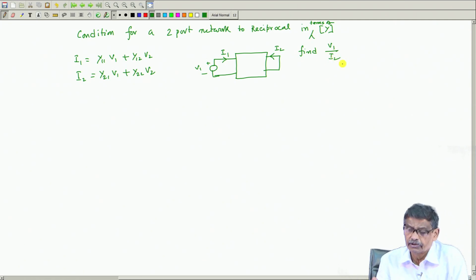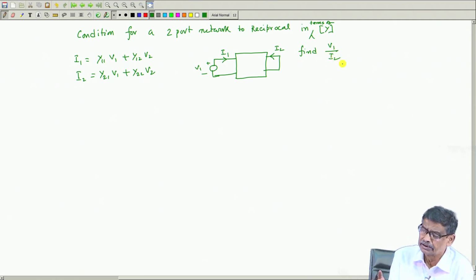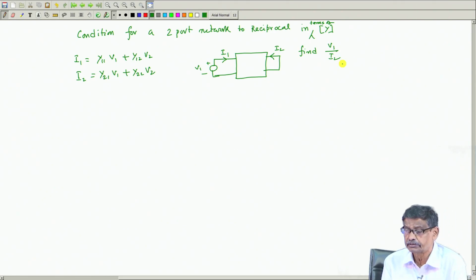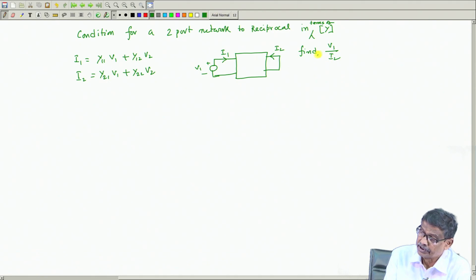I have to find out V 1 by I 2, no matter whether you are representing the network in Z parameters or Y parameters. I will simply say this V 1 by I 2 should be the same as this V 2 by I 1. So, find this with the secondary shorted, V 2 equal to 0.